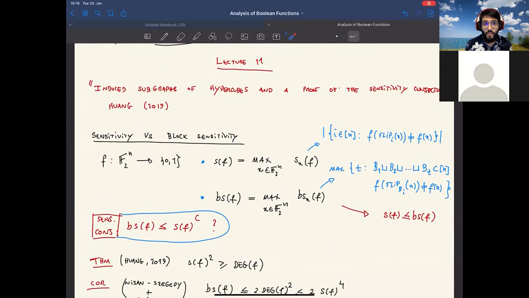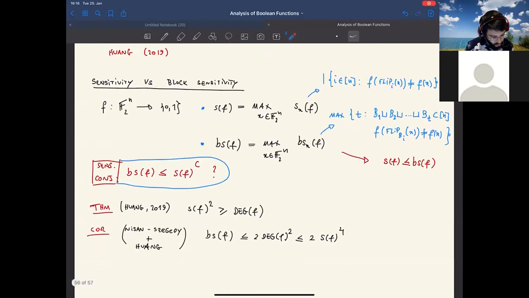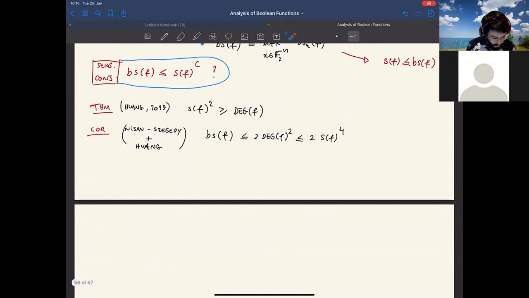In that way, the induced subgraph would be the x's where f is 1, for instance, or the x's where f is 0. That's the relation here. That's what's going on. Okay, so let me define the edges of our graph.